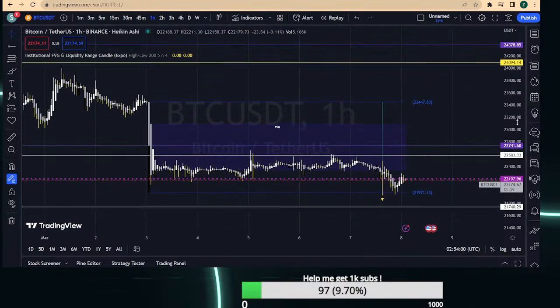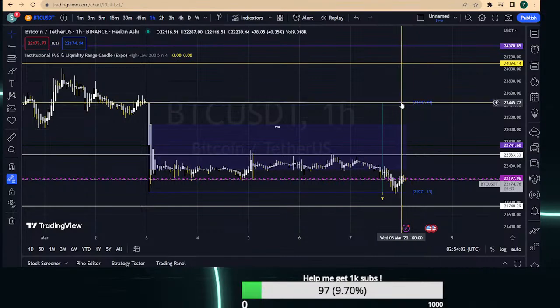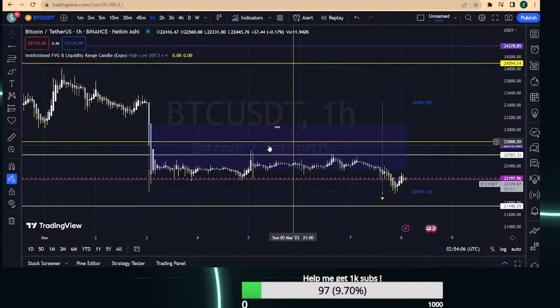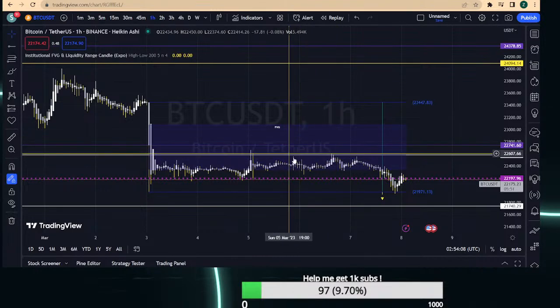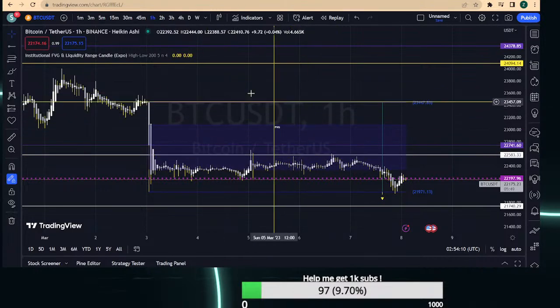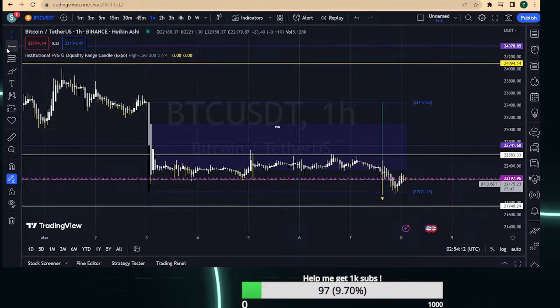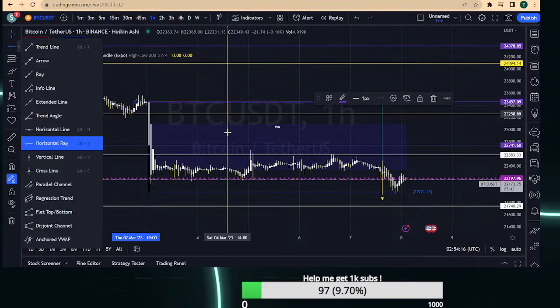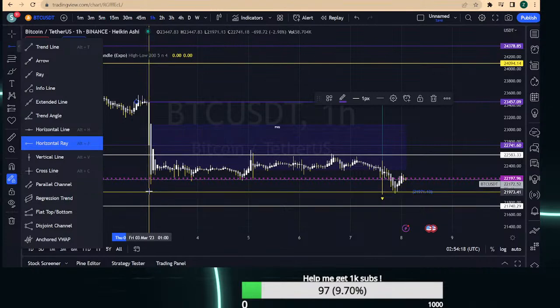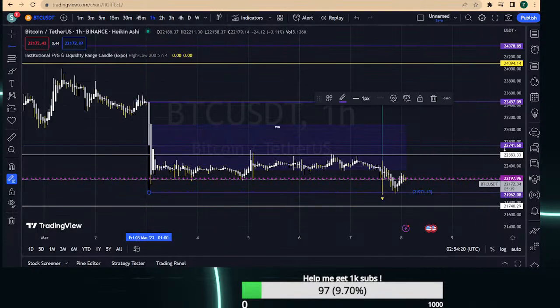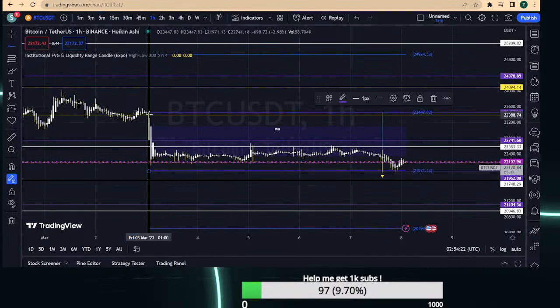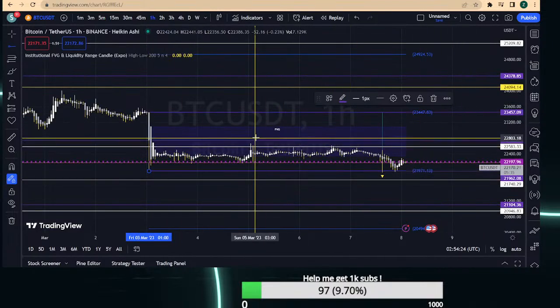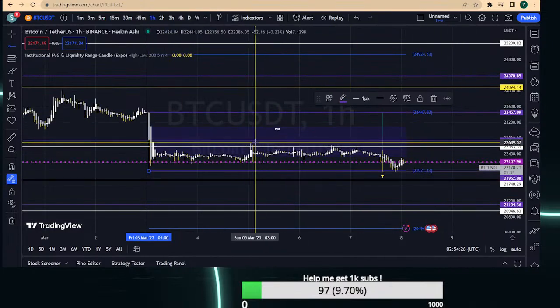Now here we can actually see some confluences within the SR levels and the FVG gaps that are created. So this is an hourly FVG gap. I'm going to show you. So here and here. This is basically a new range that we're in, and this is the fair value gap between that range.